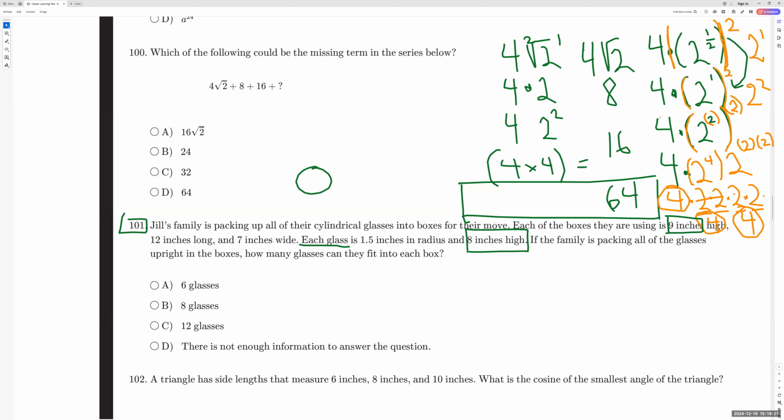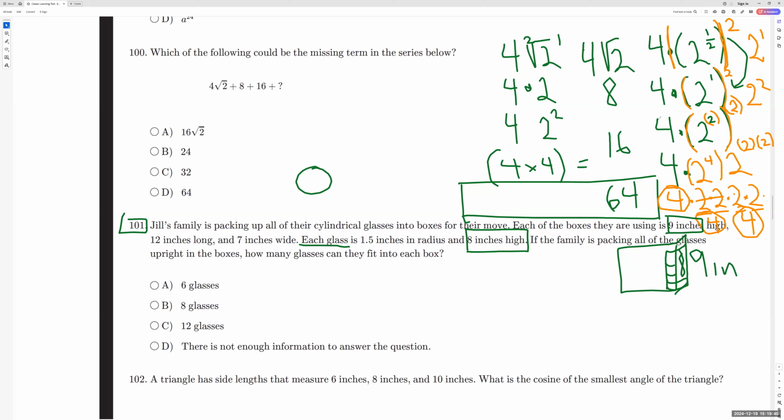So basically, we cannot stack them up. Only one glass will fit per box. So look, 9 inches is the box. Pretend that's a box, 9 inches tall, and the glass is going to be 8 inches tall.